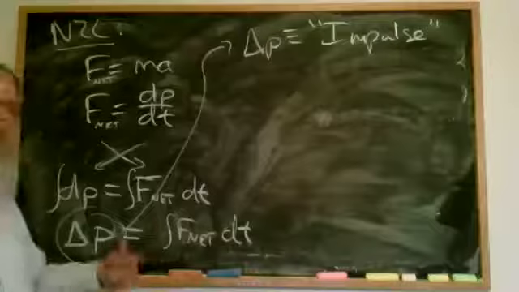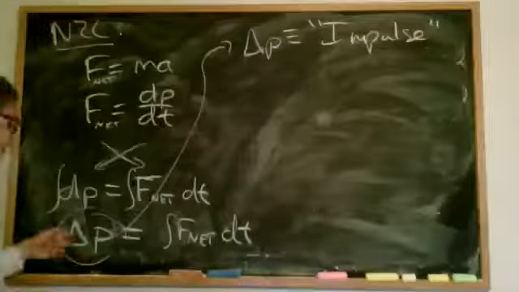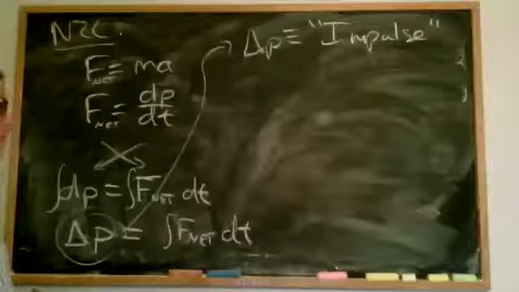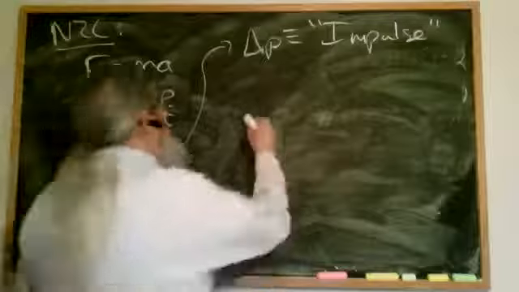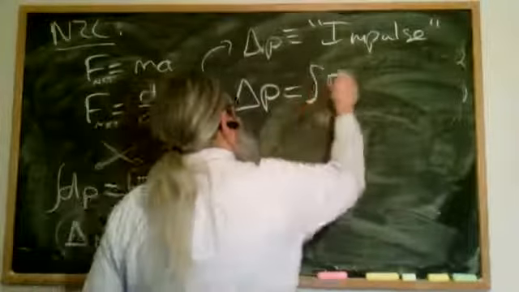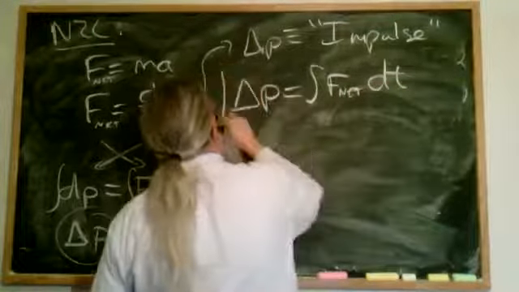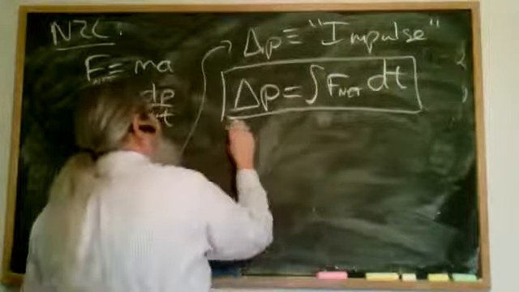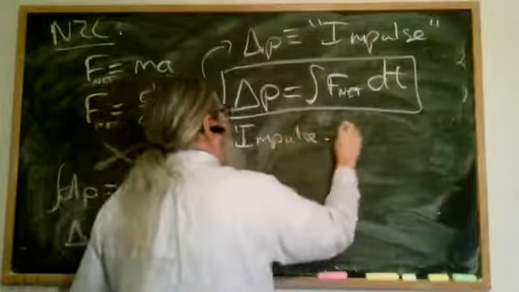If there's a collision and a block changes from one speed to another, the impulse is the change in momentum. The statement that delta p is equal to the integral of F net dt has a name. It's called the impulse-momentum relation.